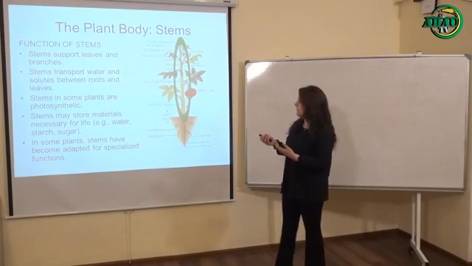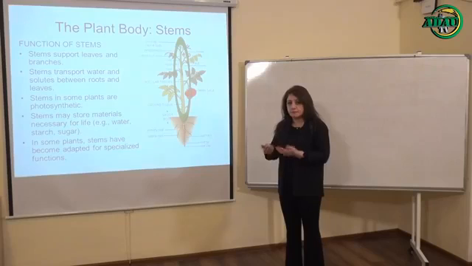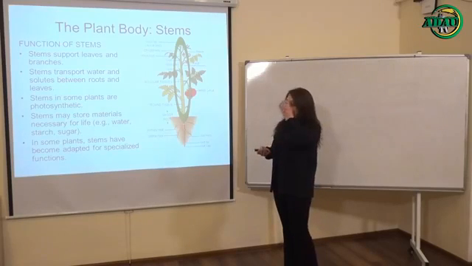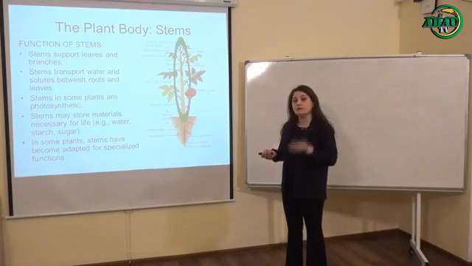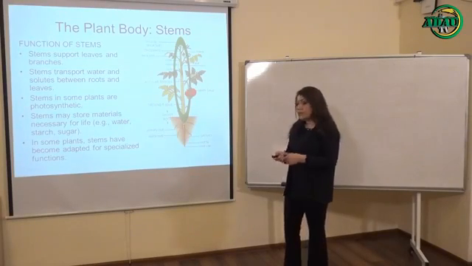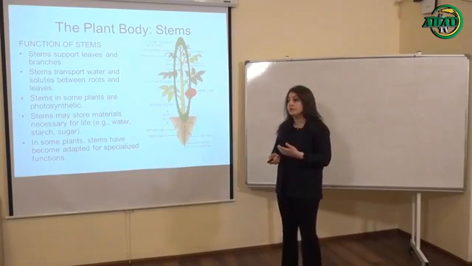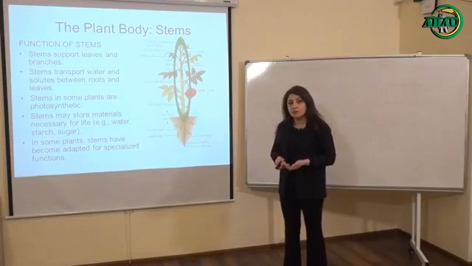Also, if the stem is green, it may take part in the process of photosynthesis and manufacture food, carbohydrates, etc. That's why I say that stems in some plants are photosynthetic. They are green, and the green color is due to the presence of the pigment chlorophyll.